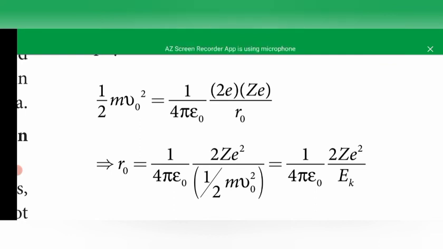The minimum distance, the closest approach, is r0. Taking all the other values to the other side, finally r0 is equal to 1 by 4 pi epsilon naught 2 z e square by the kinetic energy K. This is the value of the closest approach.